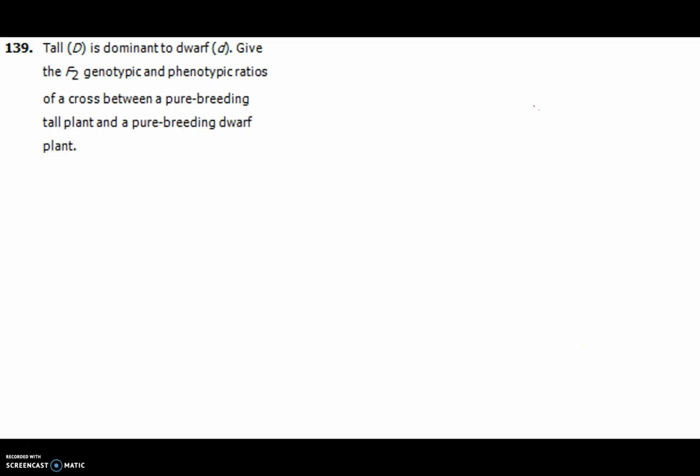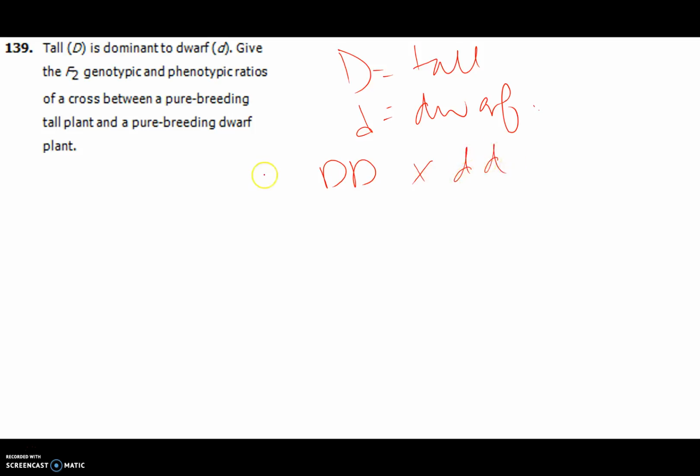Okay, so now tall is dominant to dwarf, and give the F2 genotypic and phenotypic ratios between a pure breeding tall plant and a pure breeding dwarf plant. So here are our parental generations.